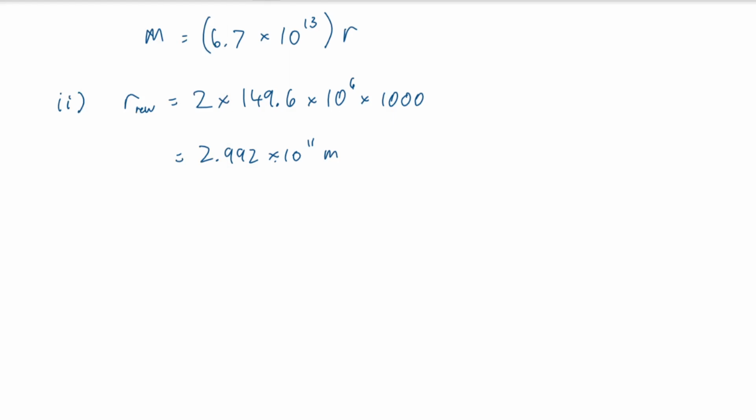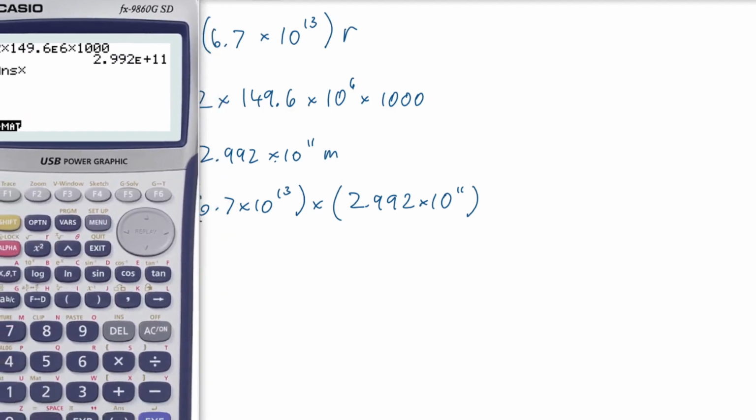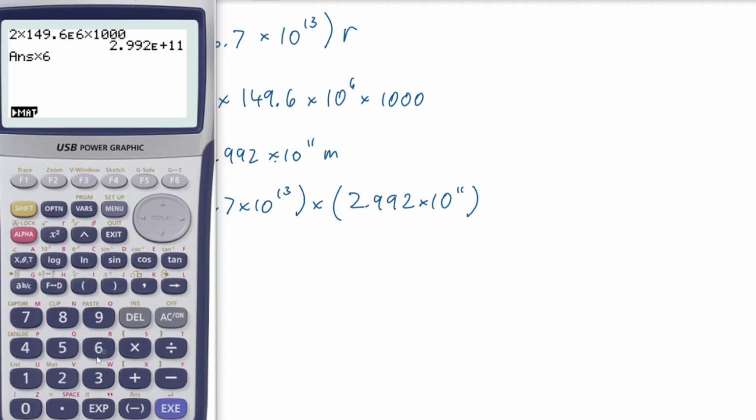And we can finally work out its mass by using the expression that we found in the previous question. So timesing by the radius, answer times, what was it, 6.7 times 10 to the power of 13.